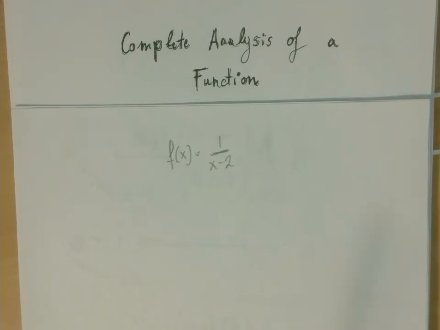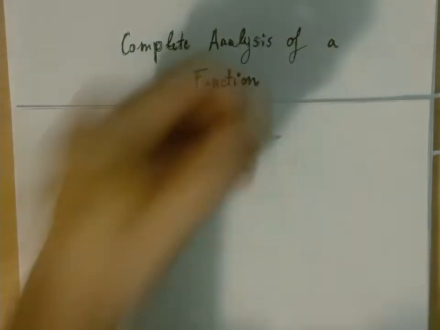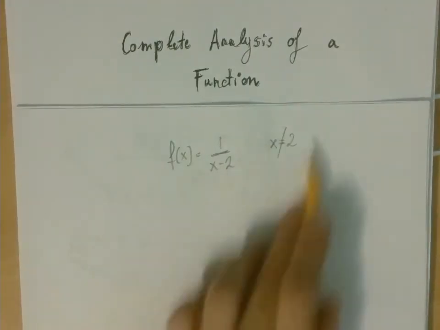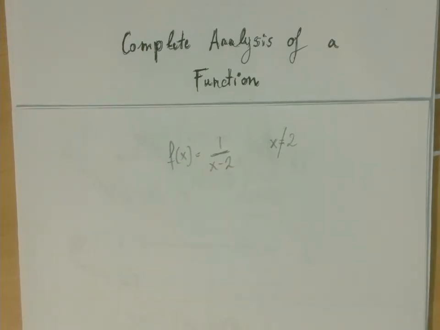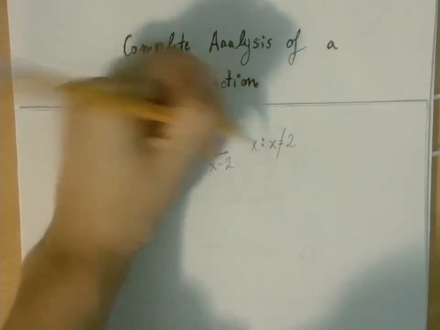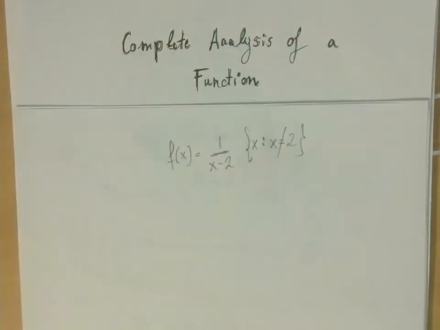We basically solve an equation for when the denominator is 0. So "x is not 2" on paper is a fine answer for the domain, but technically this is not a set. So we can say the domain is x such that x is not 2.